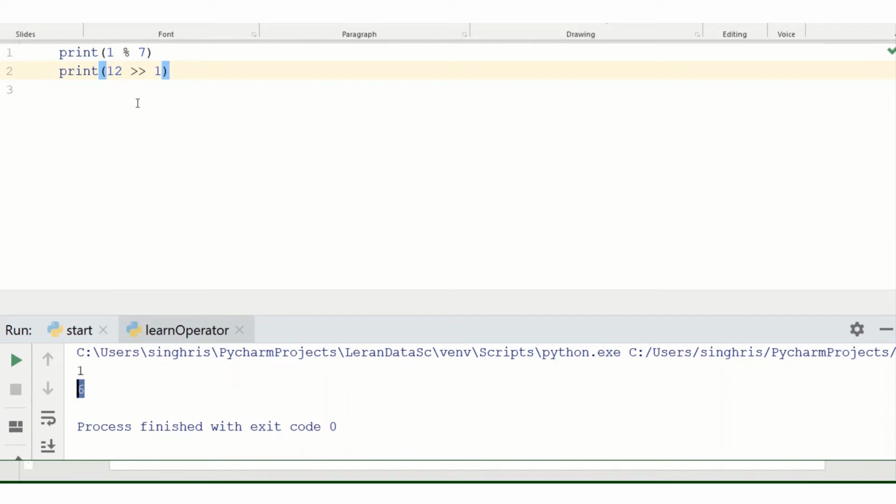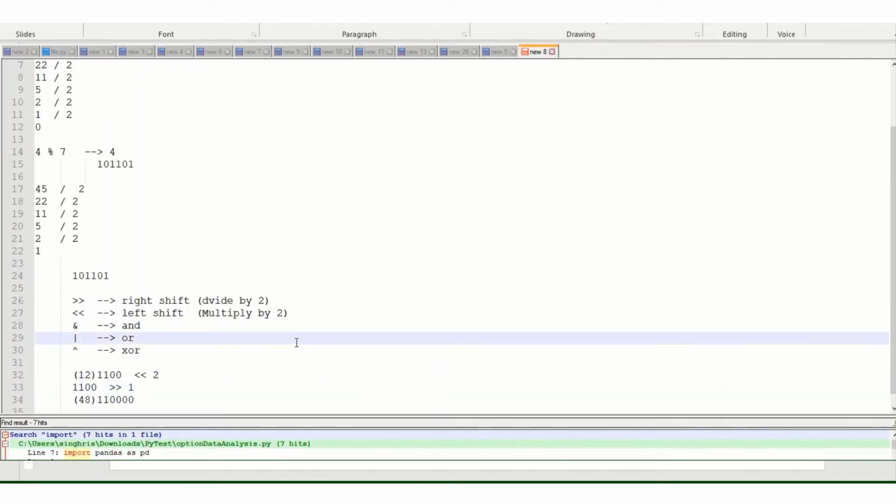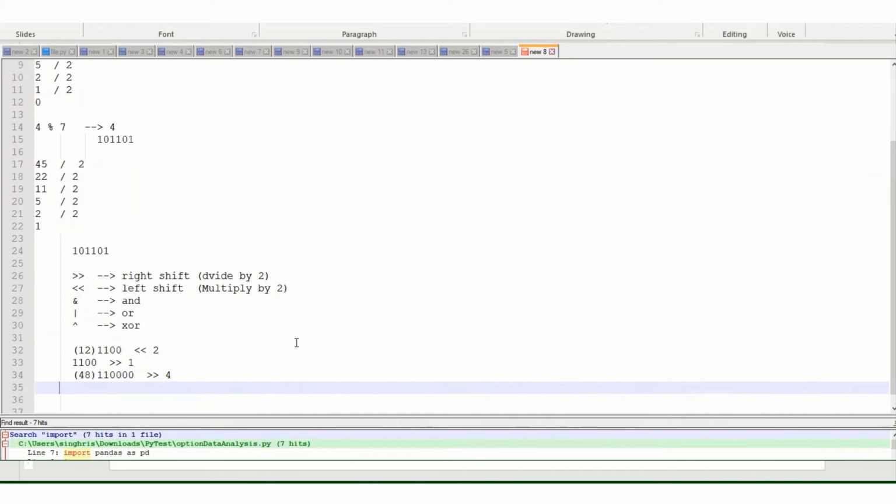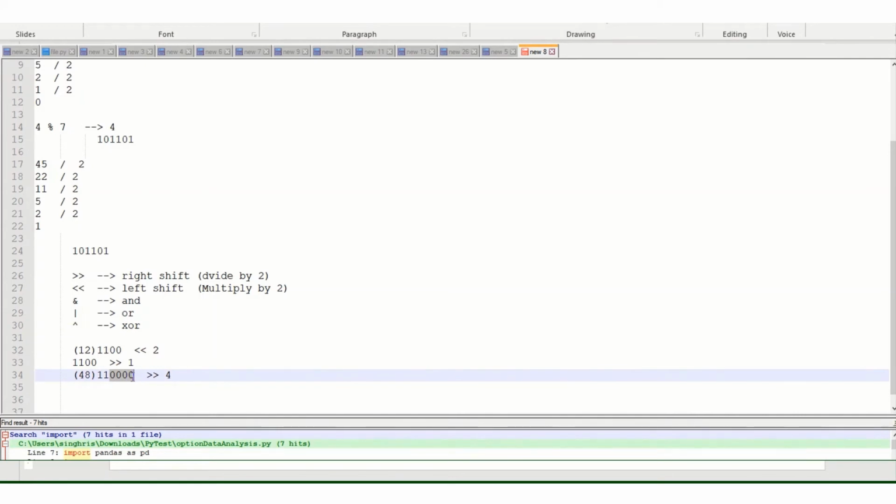So this operator is division, and the other one is multiplication. Or simply, suppose you have this number 48 and we want to right shift by 4. So what you can do, you can just remove the last 4 bits from this one, and that will be your answer.